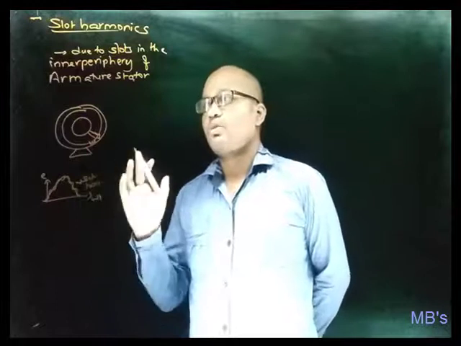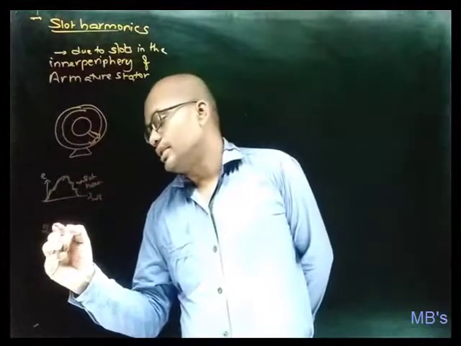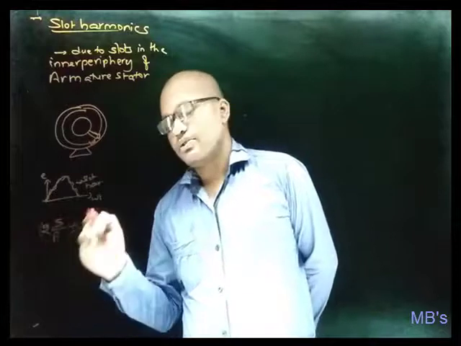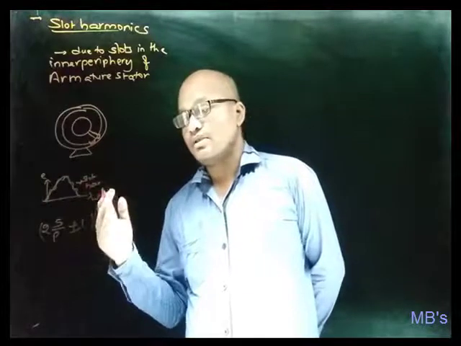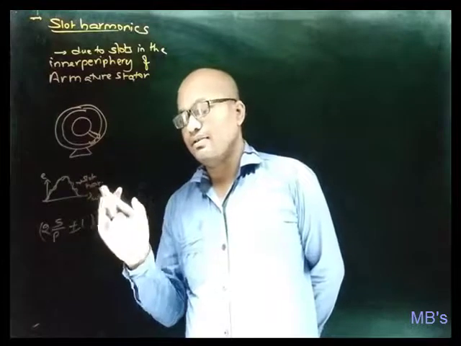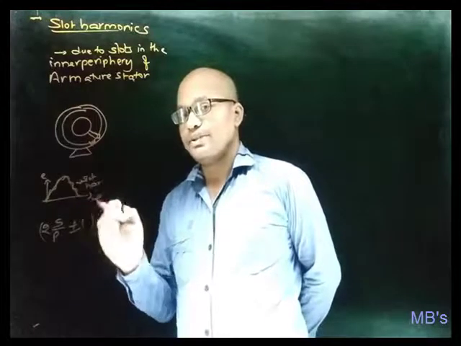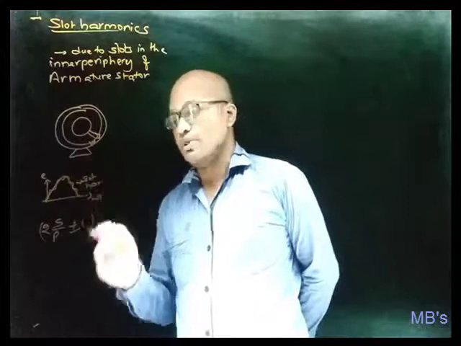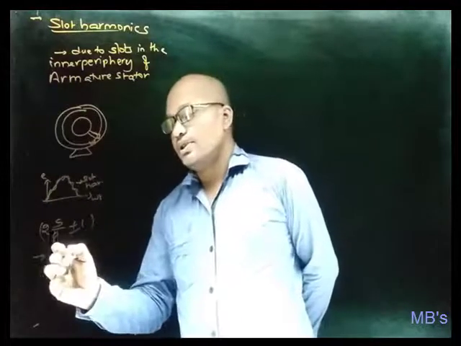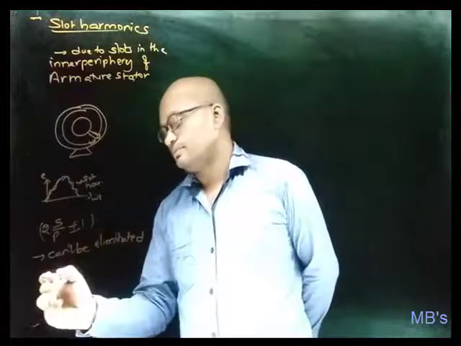Slot harmonics are of higher orders, having an order of 2 into S by P plus or minus 1, so they will have very little impact on the fundamental signal. As such, a little distortion will be present in our induced EMF because of slot harmonics. And remember that slot harmonics can't be eliminated. As they can't be eliminated, they have to be reduced.